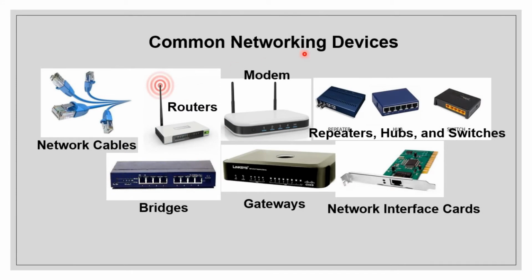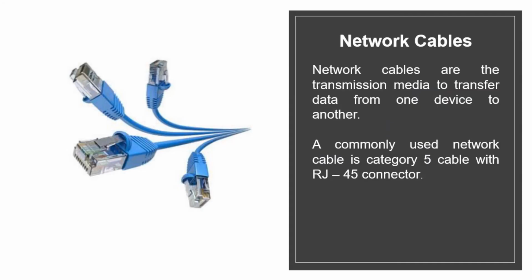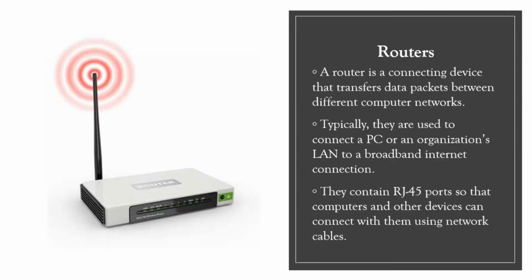So here are the common networking devices. Let's discuss one by one. Network cables. The network cables are the transmission media to transfer data from one device to another. So a commonly used network cable is Category 5 cable with RJ45 connector. This one. We also have our routers.